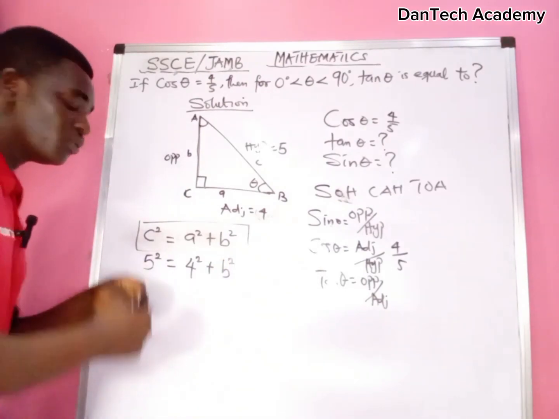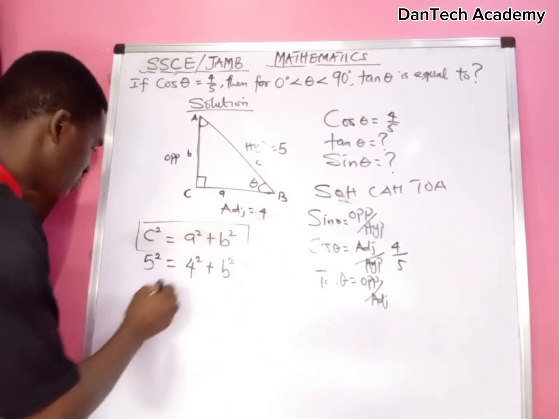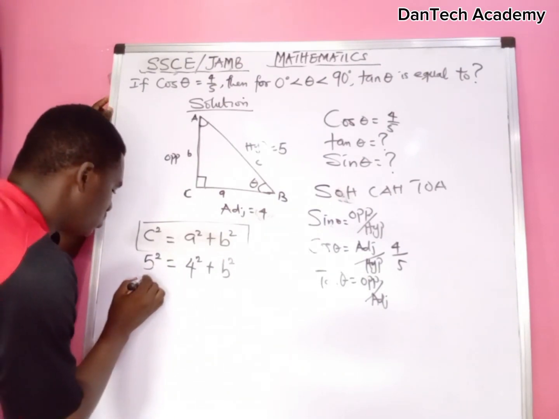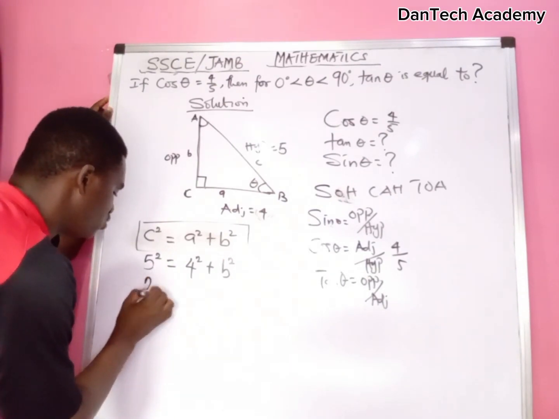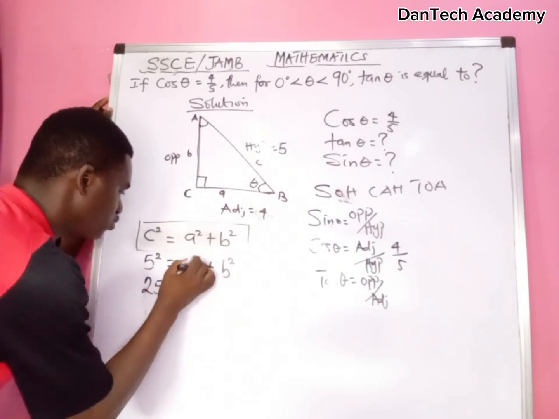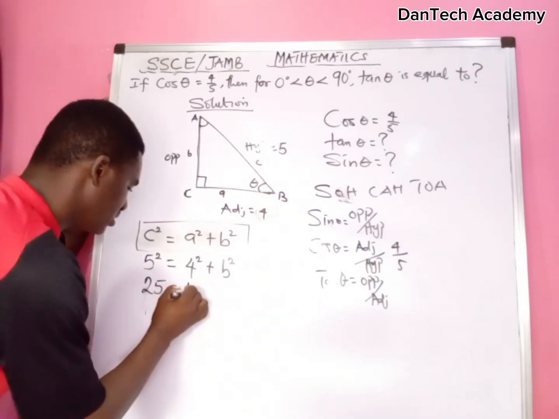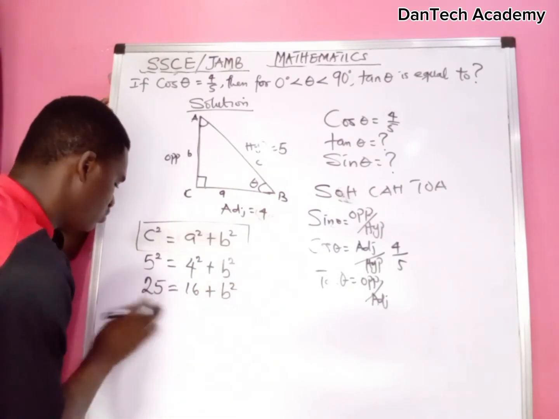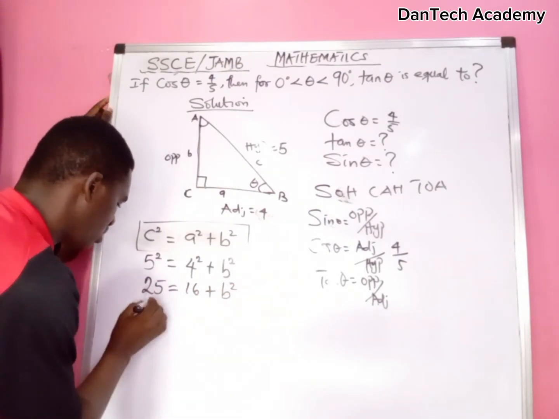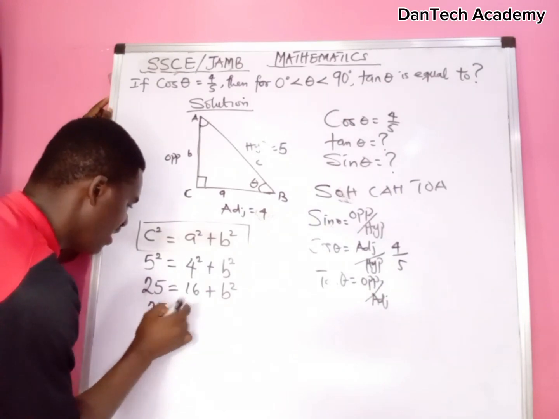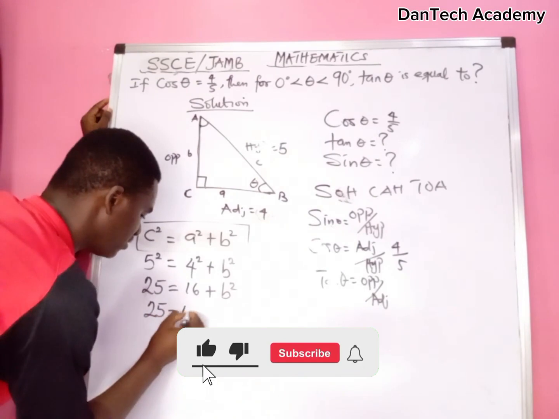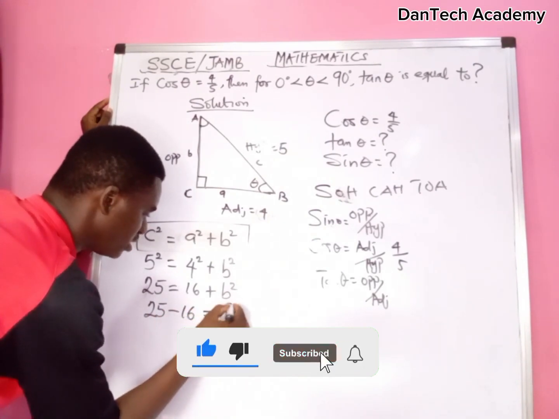So in this case, the square of 5 is 25, equals the square of 4 which is 16, plus b square. So I could just say that 25 minus 16, when 16 comes to this other side it becomes minus 16, equals b square.